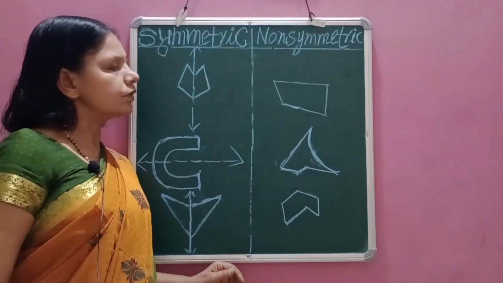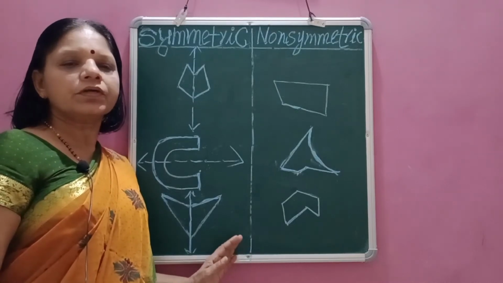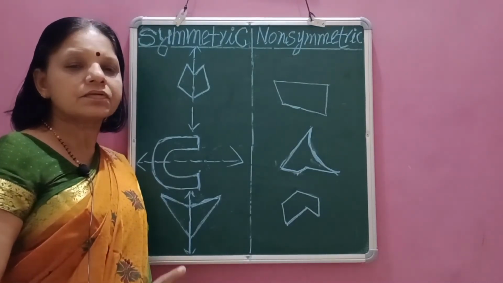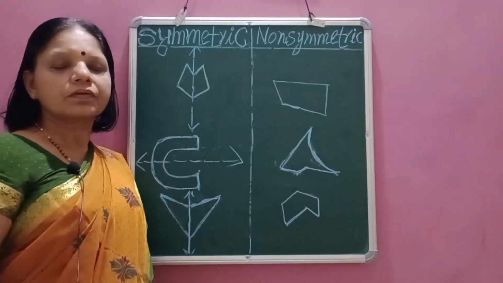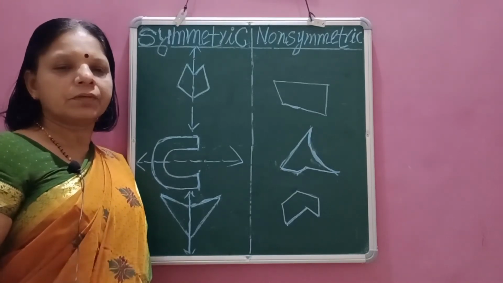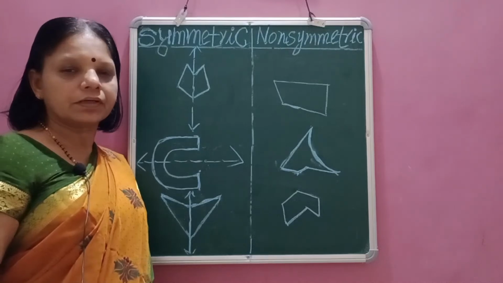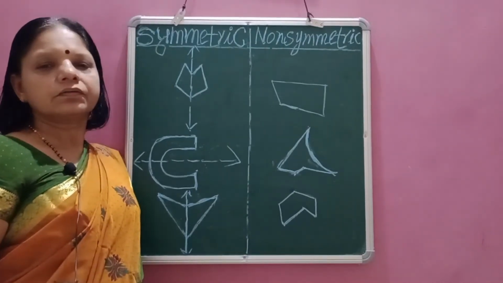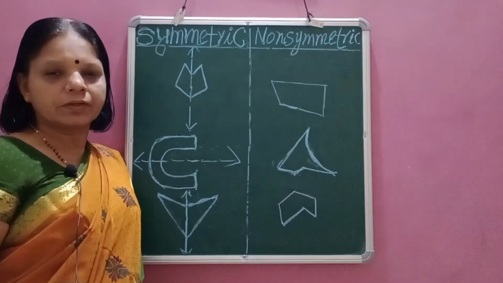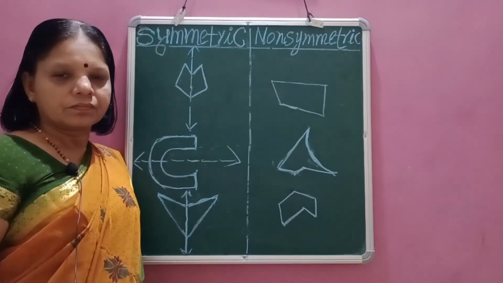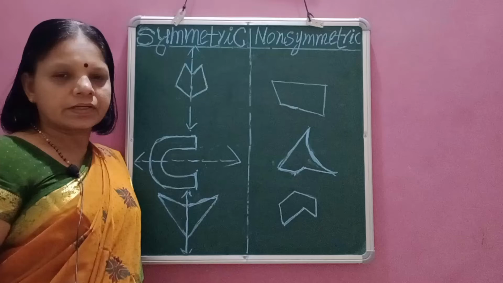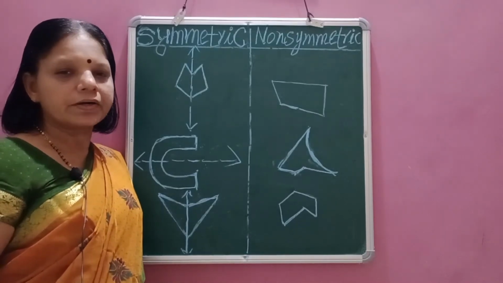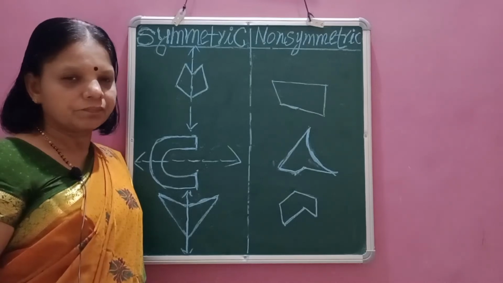So what is the condition for the figure to be symmetric? It should have at least one axis of symmetry or line of symmetry. Some figures have more than one axis of symmetry. For example, equilateral triangle, circle, etc. are having more than one axis of symmetry.